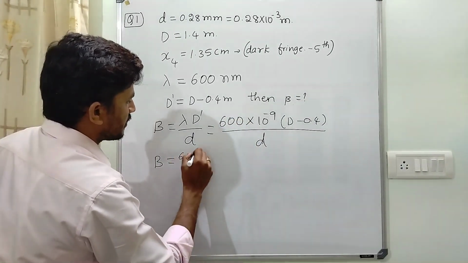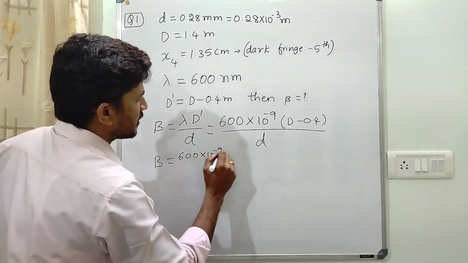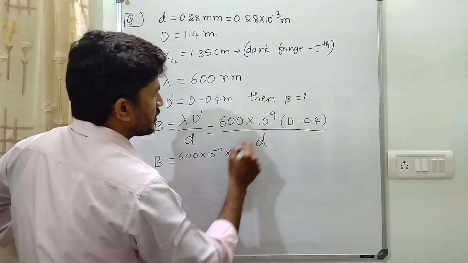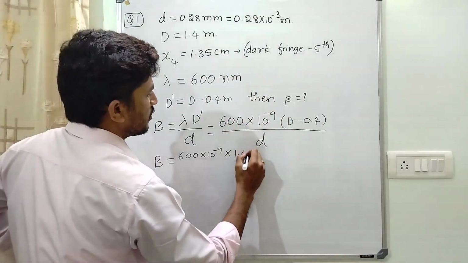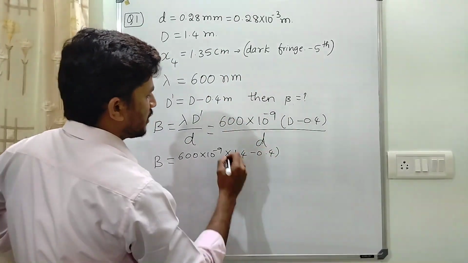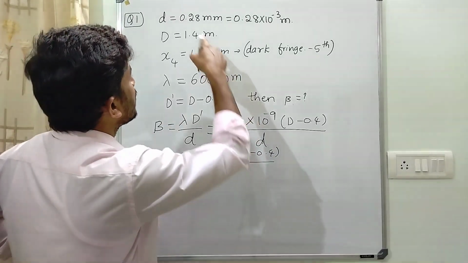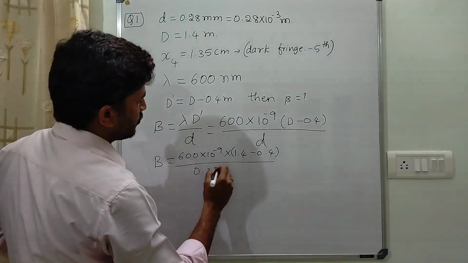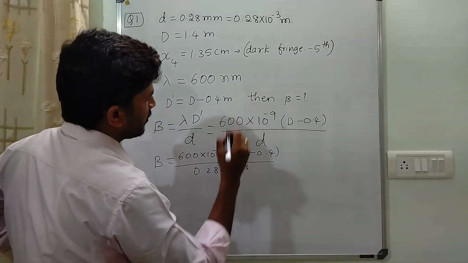lambda value is 600 into 10 to the power minus 9, into D value is 1.4 minus 0.4, which will give you 1, divided by small d value. How much is it? 0.28 into 10 to the power minus 3.